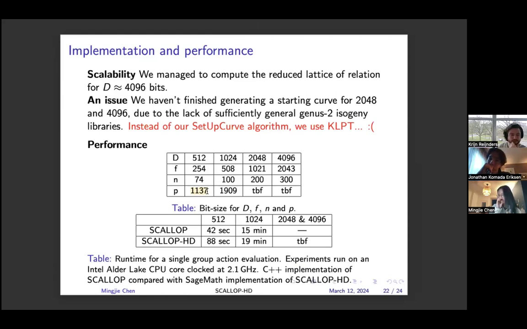I don't know how big their primes are, but if you compare the two primes, you probably know the key sizes, because for both Scallop and Scallop-HD, we have a curve and 2 points.